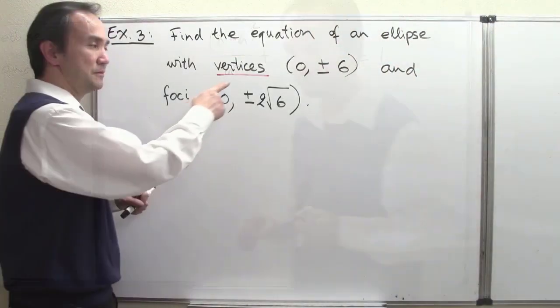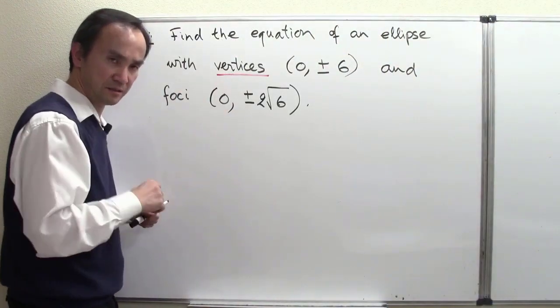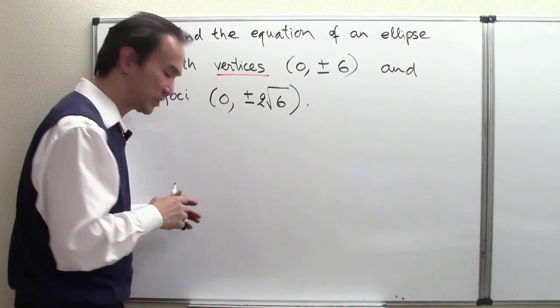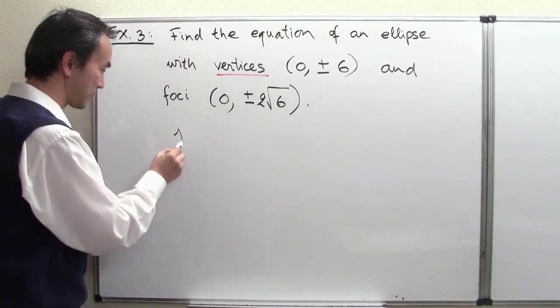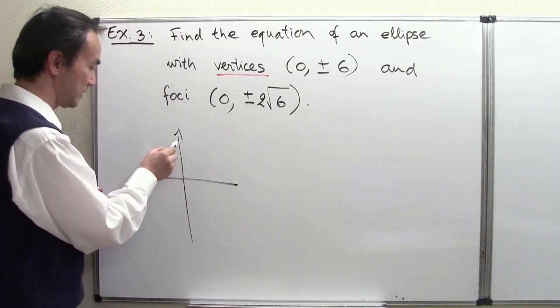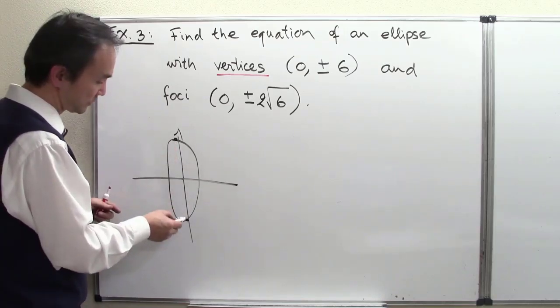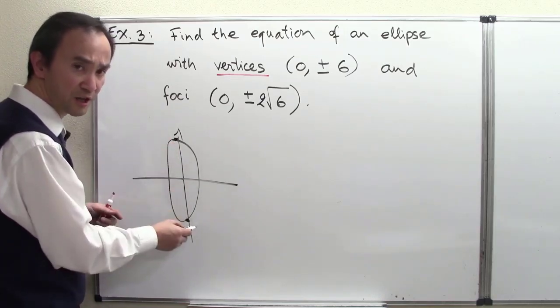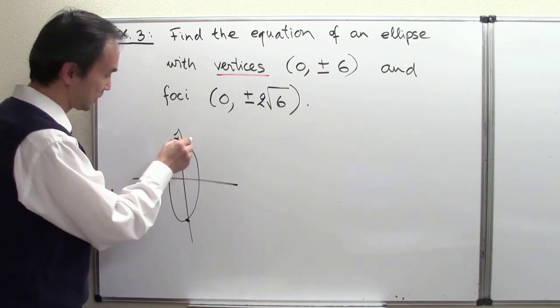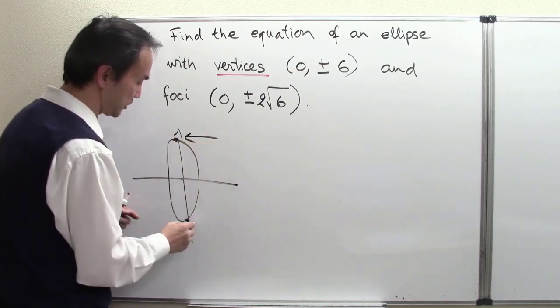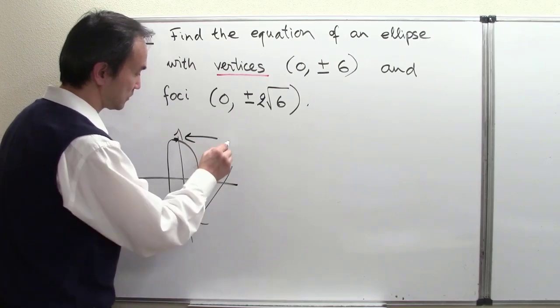Vertices for an ellipse refer to, when you have an ellipse that goes like this, the intercepts along the longer side. These two are the vertices.